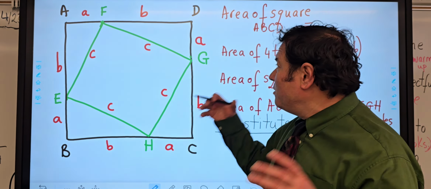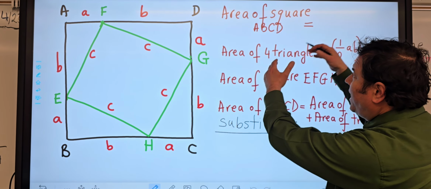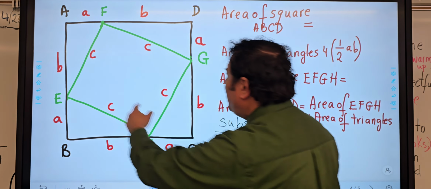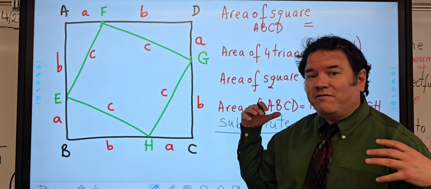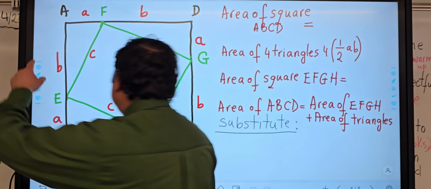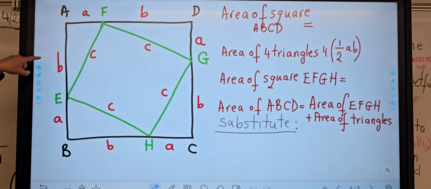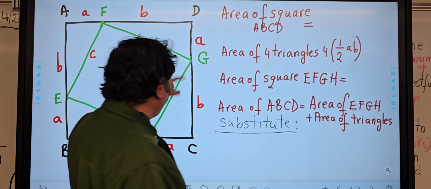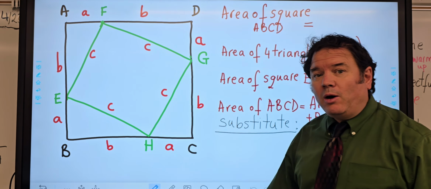Now we are going to prove it. First we are going to find the area of square ABCD. Remember, this little side we call A, and the other leg we call B. We have A and B on each side.